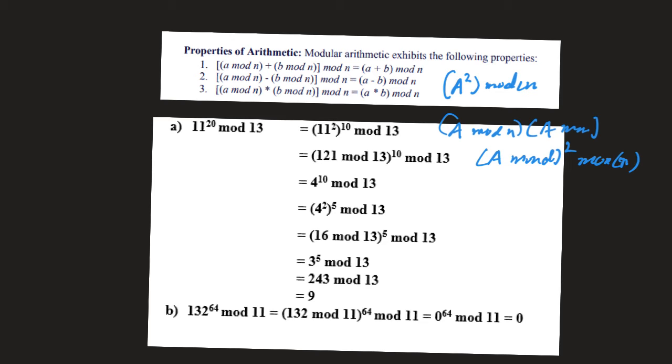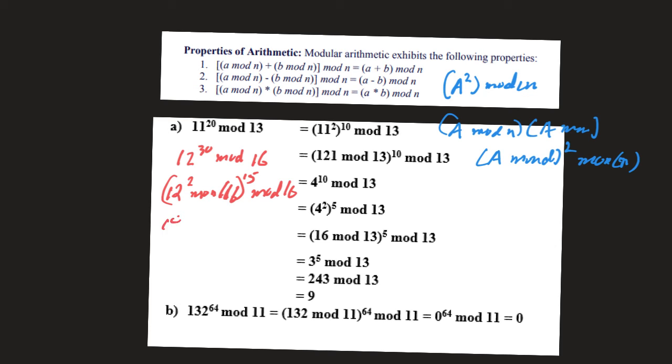For example, I'll randomly give you one: say 12 to the 30th mod 16. That will be equal to 12 squared to the 15th, and then mod 16.